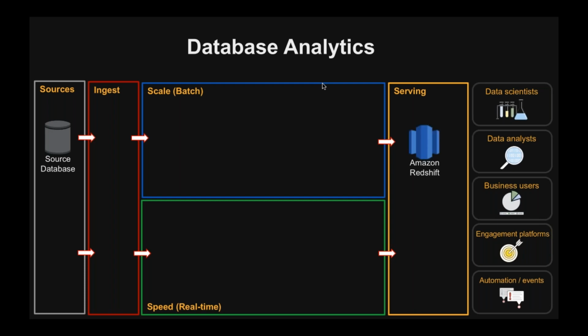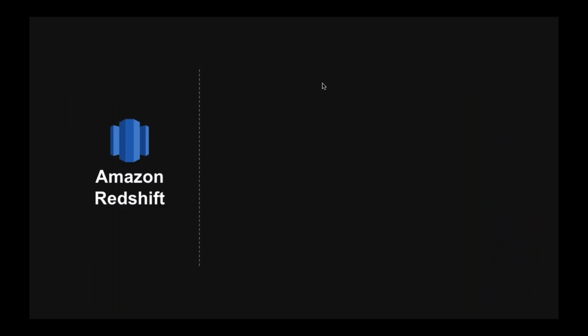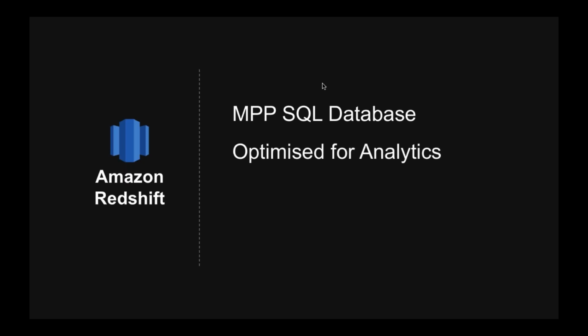So one of the common patterns that we see is customers using a service like Amazon Redshift to deal with this issue. So let's have a little bit of a dive into Redshift. Redshift is an MPP SQL database. MPP stands for Massively Parallel Processing, and it's a breed of databases that have been around for a few years, and essentially they take a very different approach to running queries against the data, in that they spread the data very widely across a large number of nodes within a cluster, and that means that they are absolutely optimized for analytical queries.